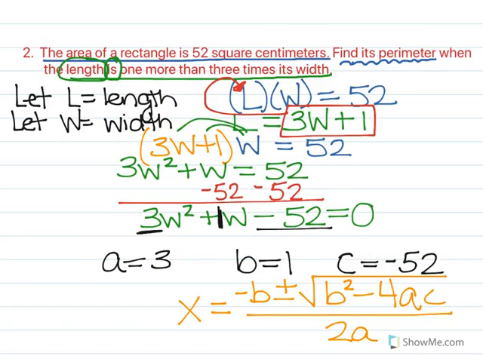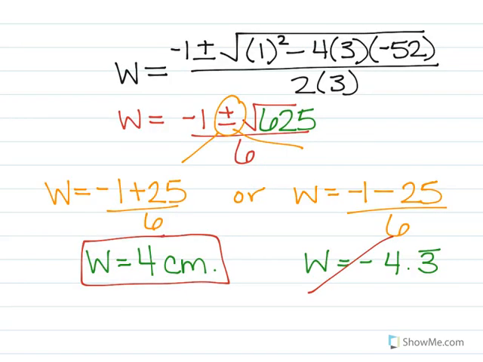And if we look back at these formulas, our length formula was equal to 3w plus 1. So we're going to use that. L equals 3 times our w, which we found to be 4, plus 1. Now that's going to give us a length of 12 plus 1, so 13 centimeters.